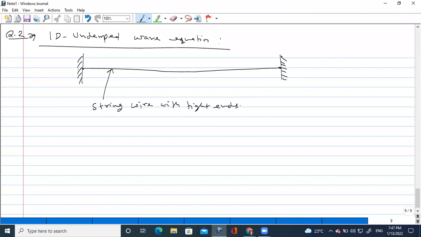These ends are tight, they are not moving. So what you can do here is give some displacement. If you take it down and leave it, it will make some waves like this.